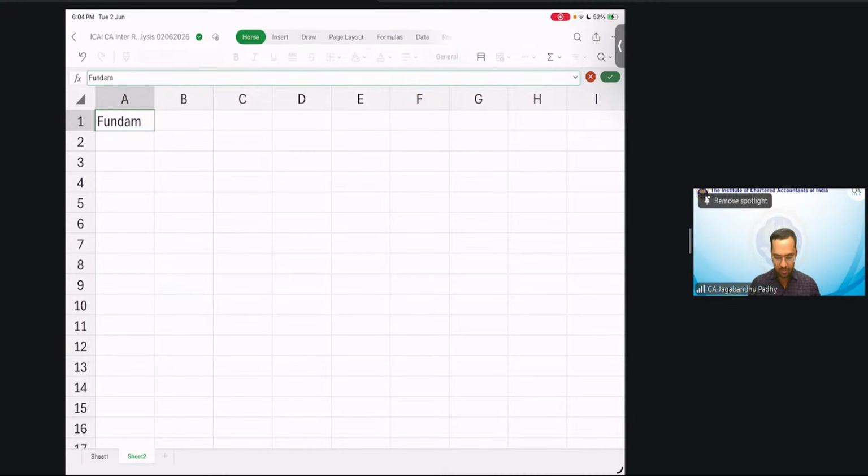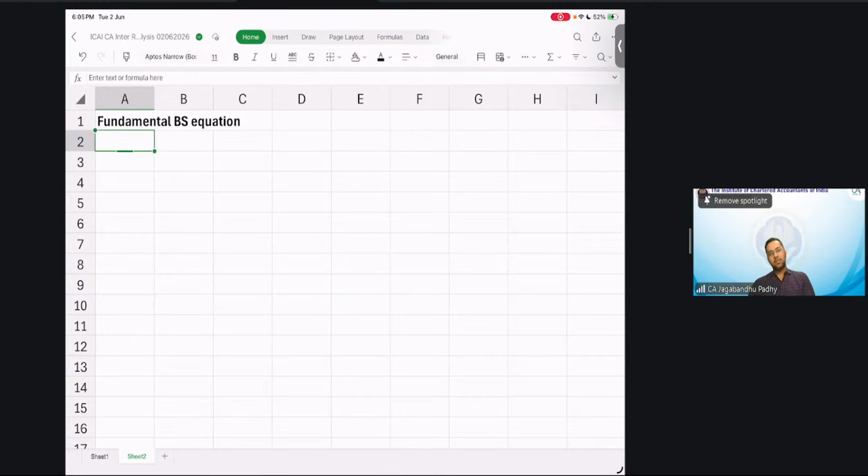So let us see certain aspects from the balance sheet point of view: the fundamental balance sheet equation. How many sides does a balance sheet have, guys? Two sides.